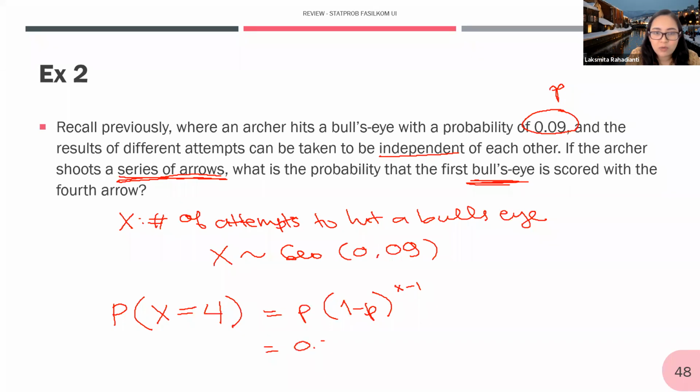So here we have 0.09. Here we have 0.91 to the power of 3. If any of you have access to a calculator, please help me out with that. It should be 0.06 something, I think. So you can finish that off with your calculator.